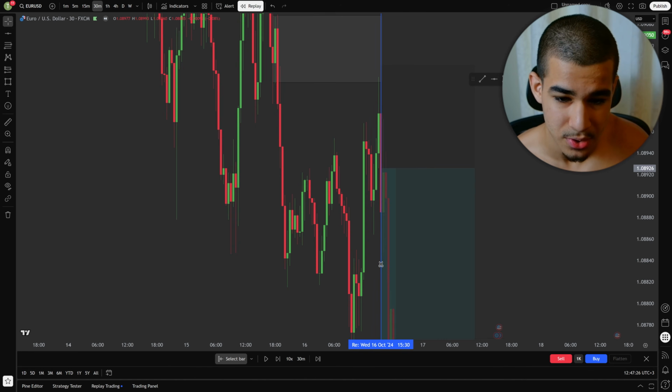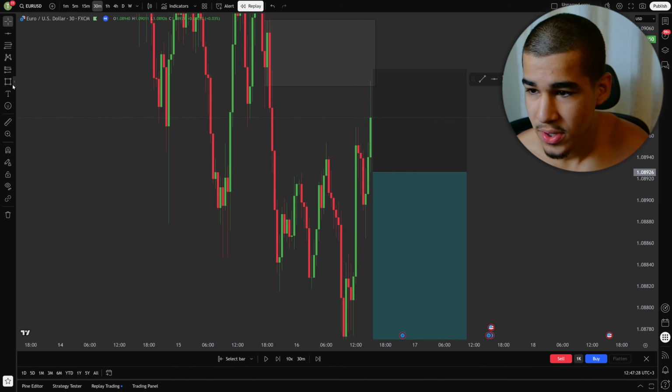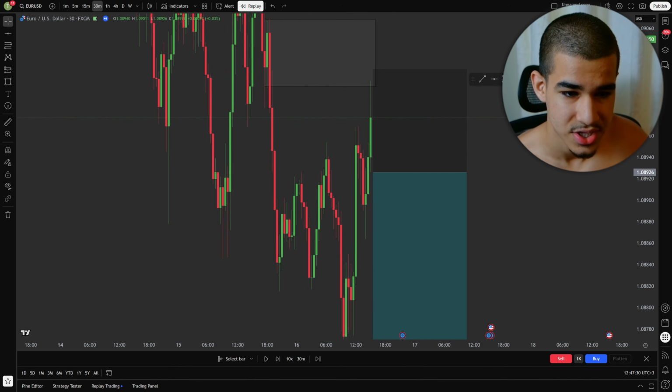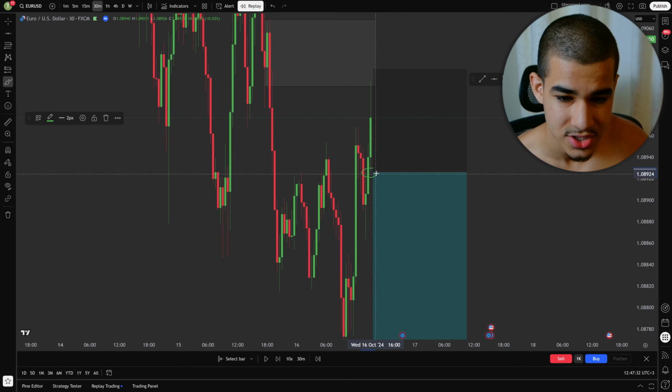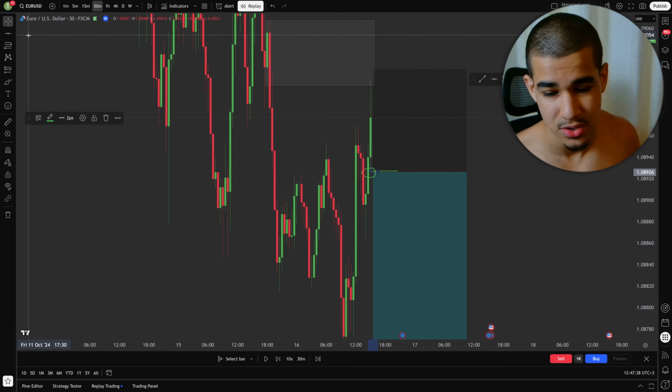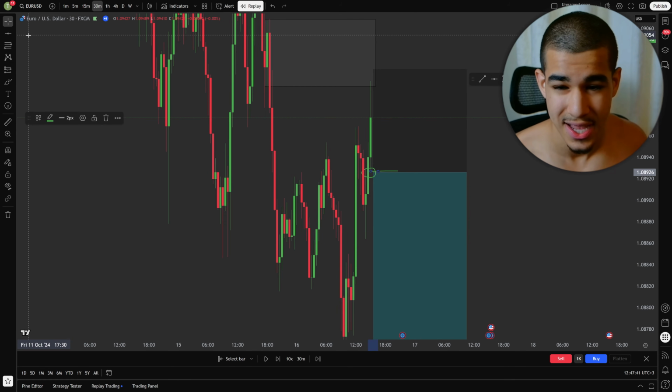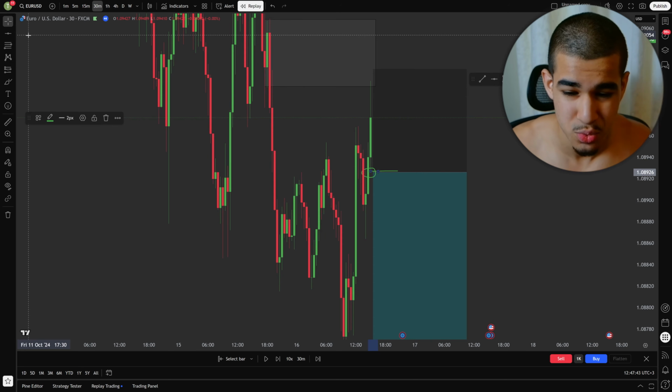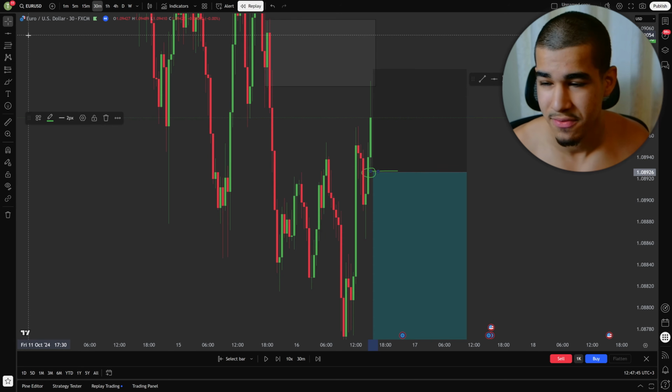Let me just go replay mode again. As you can see, you don't enter yet because it's a bullish close. You'd enter as soon as it breaks this candle right here, or just wait for a directional close, because break of candles and all these entry models are actually more aggressive. But if you just want to be extremely safe, just always wait for the directional close.